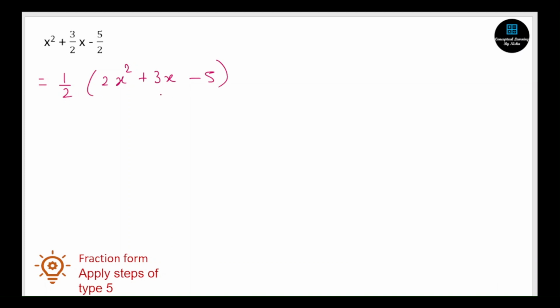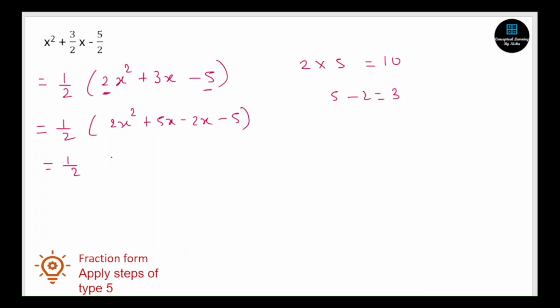Now it is simple. We have to multiply the coefficient of x square and the constant term. So 2 into 5 gives me 10, and 5 minus 2 gives me 3. So I split this as 2x square plus 5x minus 2x minus 5. And now easy, right?